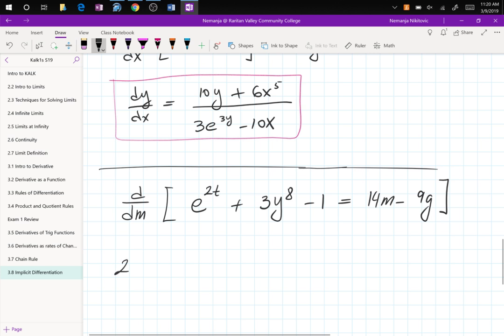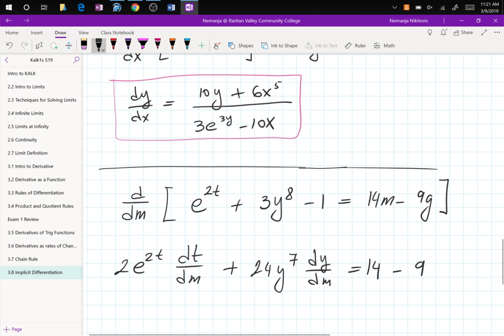So 2e to the 2t, and then we have dt/dm, plus the next term is y, so that's 24y to the 7 dy/dm. 1 goes to 0. The other side is 14 minus 9 dg/dm, because we are differentiating g with respect to m.